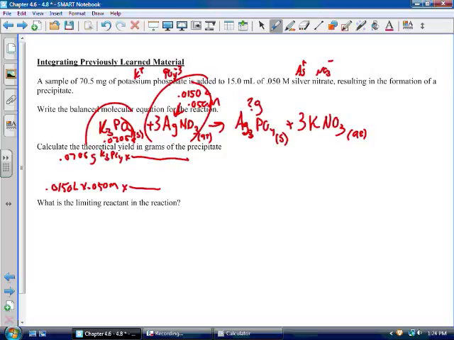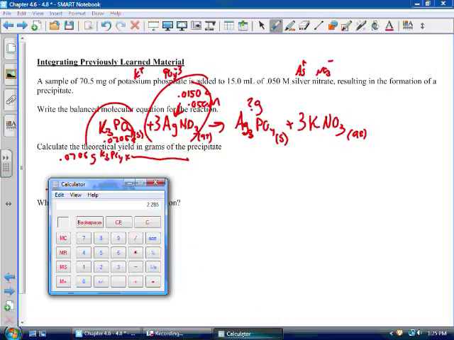So we need to find the molecular mass. Potassium is 39.1, so 39.1 times 3 equals 117.3, plus 31 for phosphorus, plus 64 for 4 oxygens gives me a molar mass of 212.3 grams per mole.